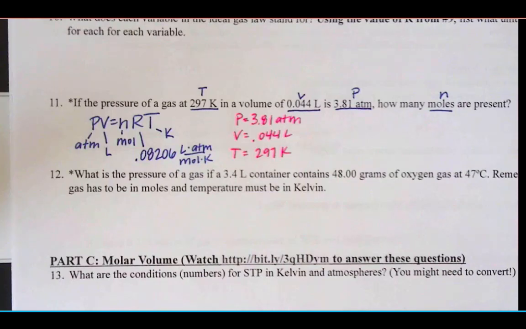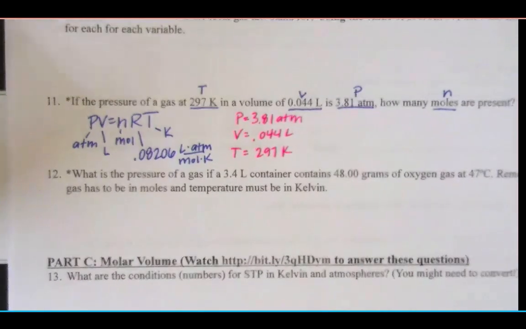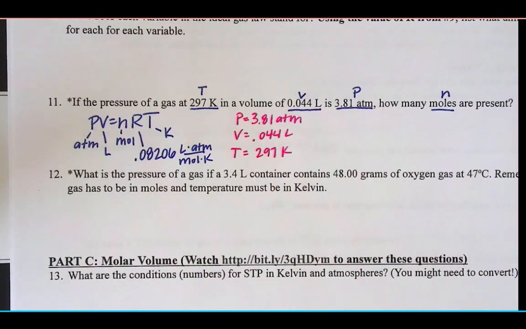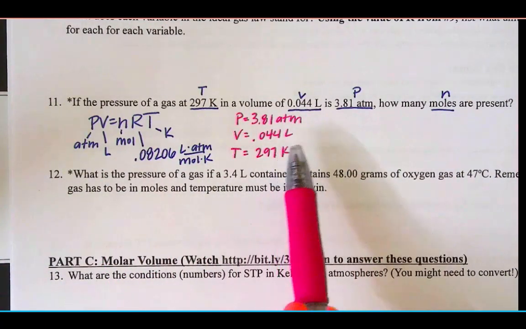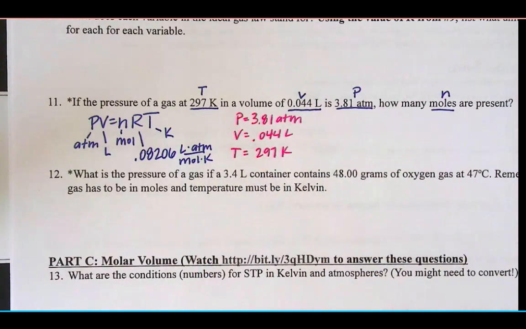Now the reason that I'm showing you this is because some people like to do this just so they can look and see, is pressure in atm? Is volume in liters? Is temperature in Kelvin? Yeah, right, all of our variables are good. So now we can use the ideal gas law.